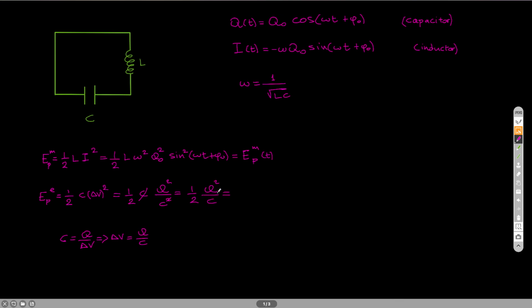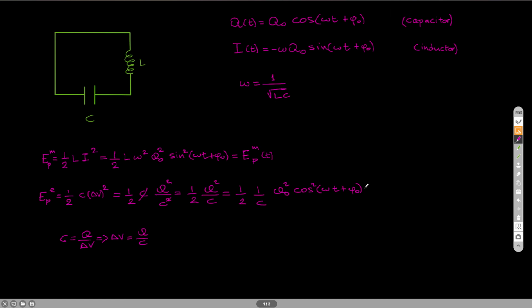Now since I have the charge on the capacitor, I will use it here, and it will be 1/2 1 over C, and it will be Q naught squared times cosine squared of omega t plus phi naught.